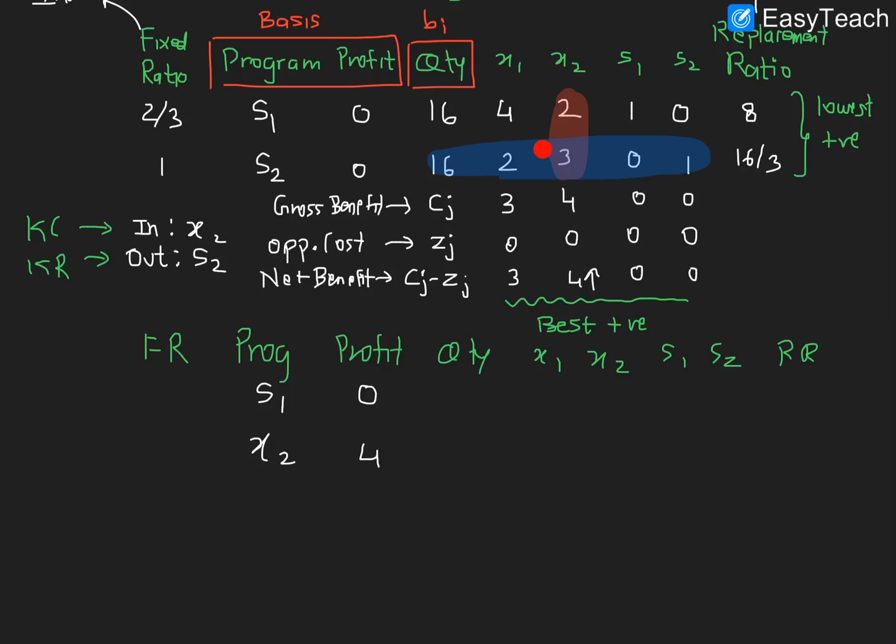So that's 16 by 3, 2 divided by 3, 3 divided by 3, 0 divided by 3 and 1 divided by 3. So let's do it. We have quantities as 16 by 3, 2 by 3, 1, 0 and 1 by 3.